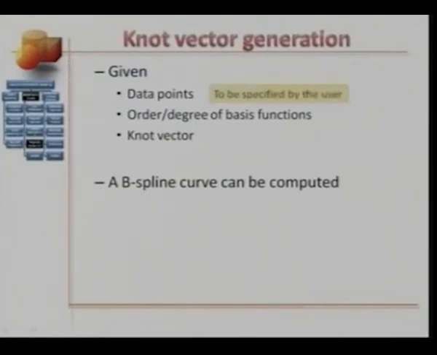Now, data points are usually specified by a user, and so is the case with the order or degree of the basis functions, and therefore of the B-spline curve. How about the knot vector? Is it to be specified by the user? Maybe or maybe not. We'll talk about that in today's lecture.